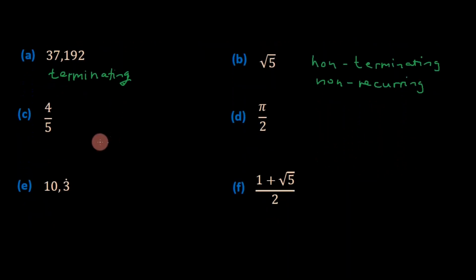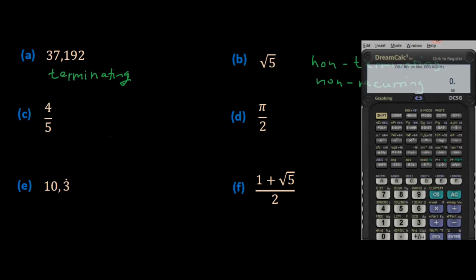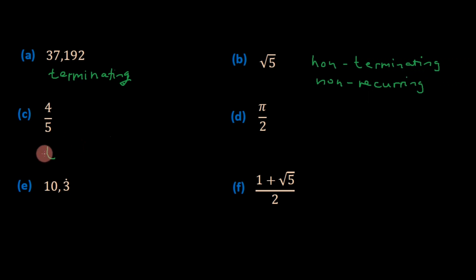Then 4 over 5, let's check. 4 divided by 5 is 0.8. So that's terminating. Then we have pi over 2.